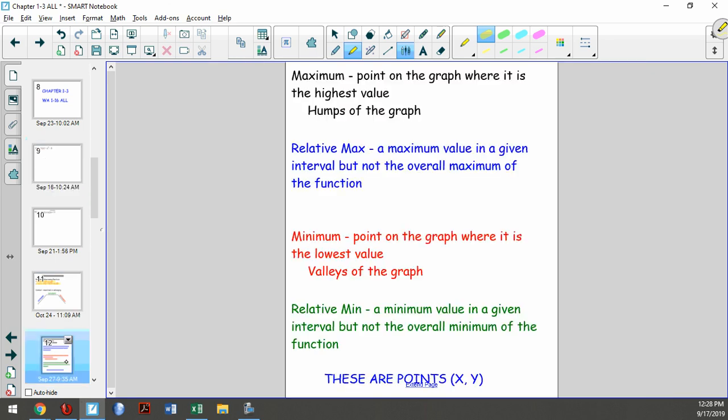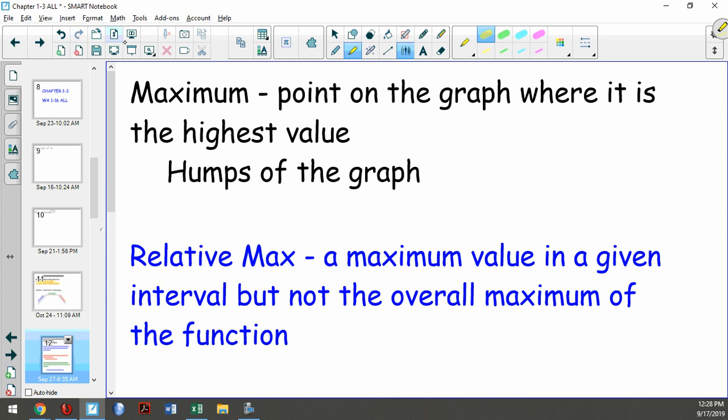Now, with that being said, we're going to have some maximums and some minimums. There's what we call a maximum and a relative maximum. Now, a maximum over the entire graph is going to be the tallest peak or the largest mountain. You with me? In the graph. That's going to be the overall maximum.